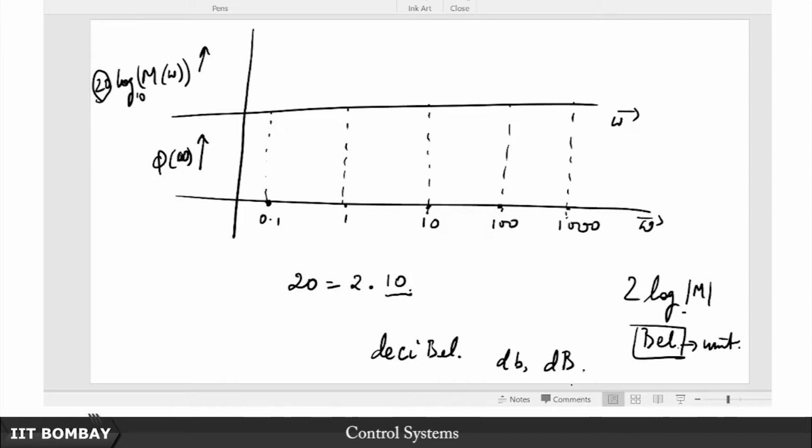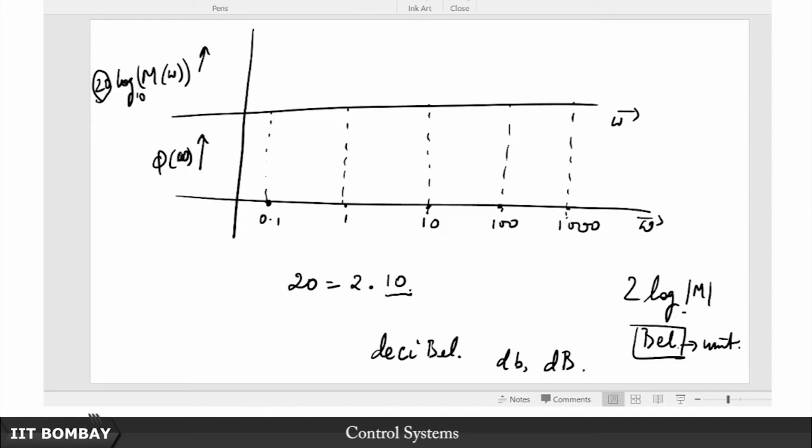Because this gain, this amplification, isn't really big enough when measured in terms of bel, that is why you go for this unit decibel, and therefore what you do is you multiply it by 10, just like if you want to get from kilogram to gram, you have to multiply by 1000. If you want to measure small quantities, in kilograms you call it 0.005, now you want to measure it in grams, so you multiply it by 1000.